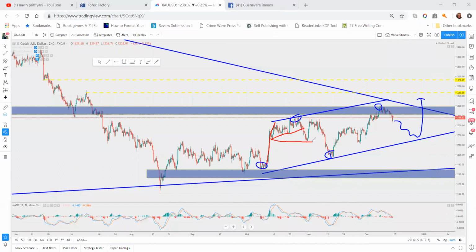This is just an expanded flag, but then you started getting your descending channel and it bounced off of this. Because it didn't take out your previous area, it's still in an uptrend, but it's trading in a channel. This is a reversal pattern, so we'll probably see it go down here and then push to the upside.